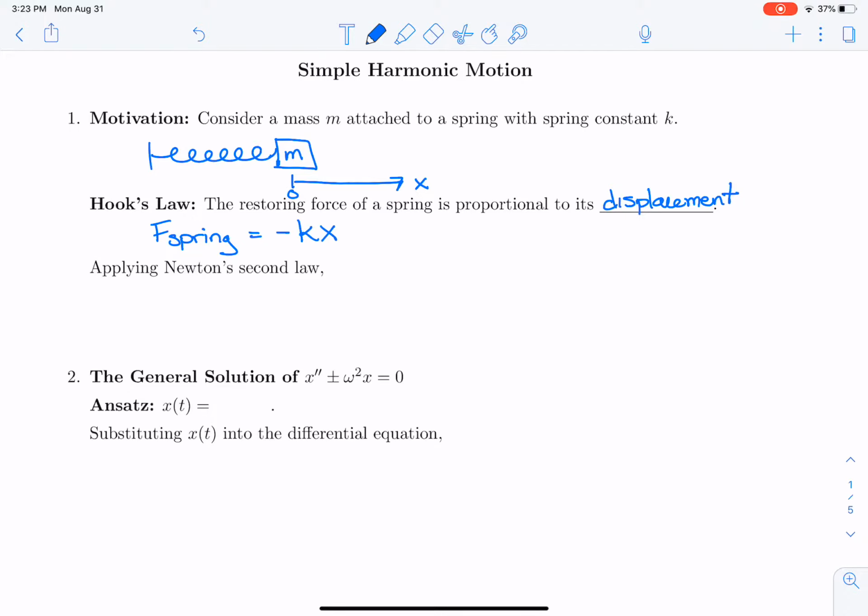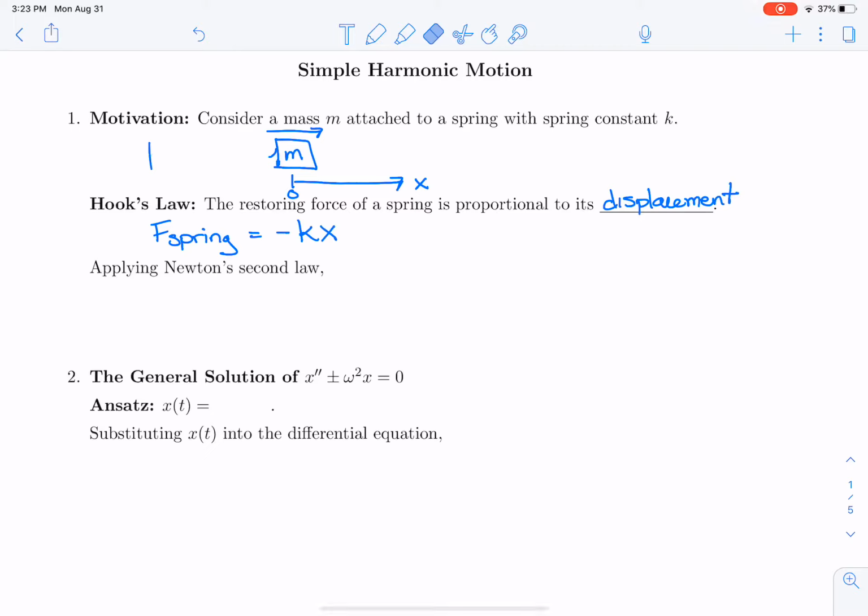And that is because if you imagine you have a mass on a spring and you were to compress the mass, so move it in the negative direction, then the spring would exert a force back on the mass in the positive direction.